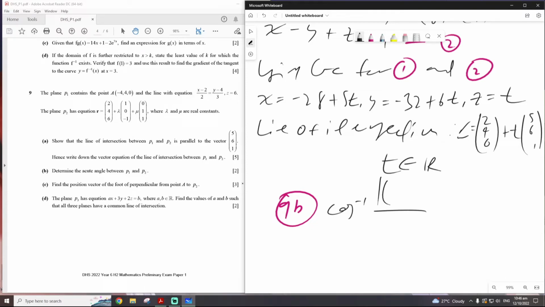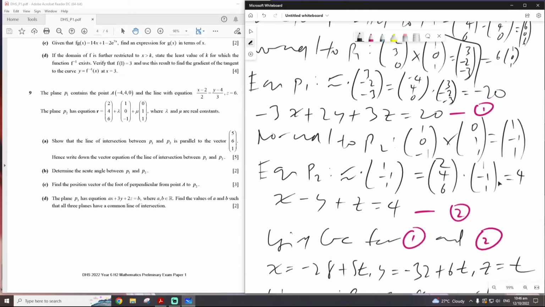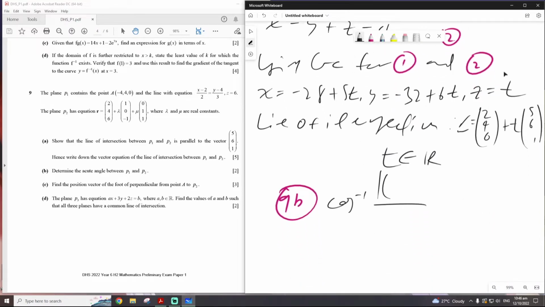So that will be (3, -2, -3) dot (1, -1, 1), and then divide by the individual magnitudes.